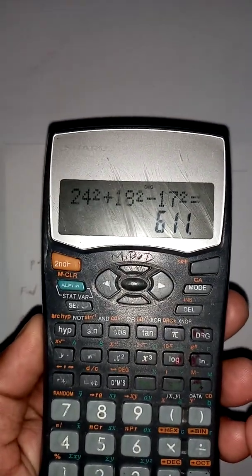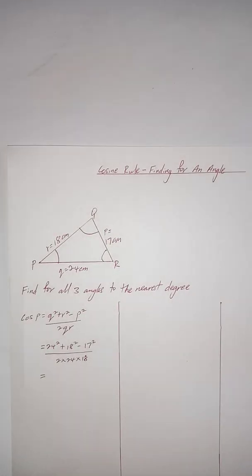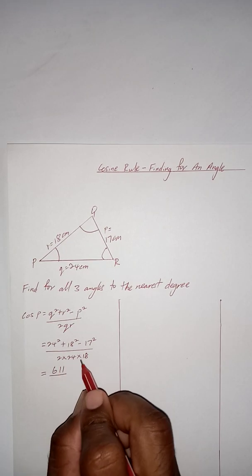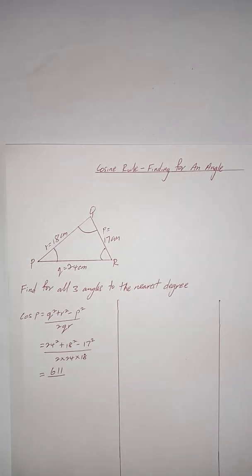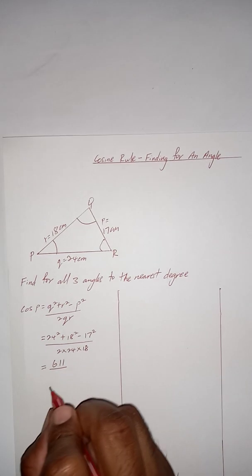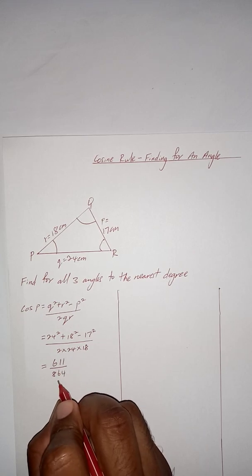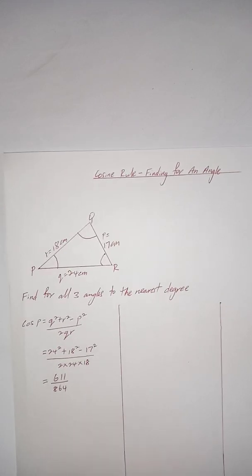Good. That gave us 611. So I'll have 611 over, now we multiply 2 times 24 times 18. 2 times 24 times 18 gives us 864.